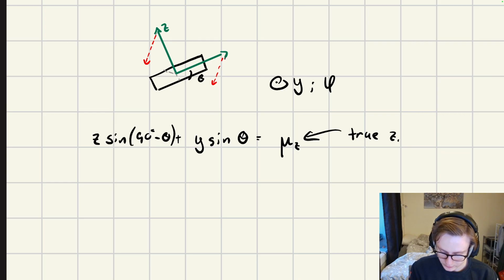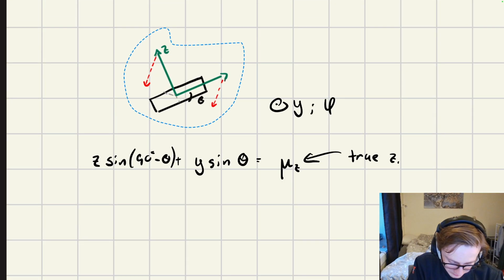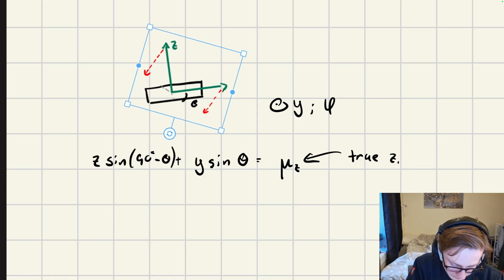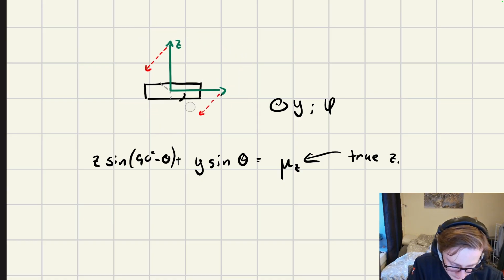I don't remember. Yes, X, Y set. Y coming out. That would mean we get positive x coming this way.